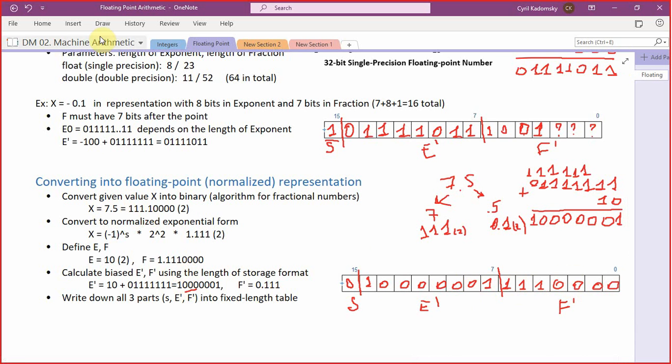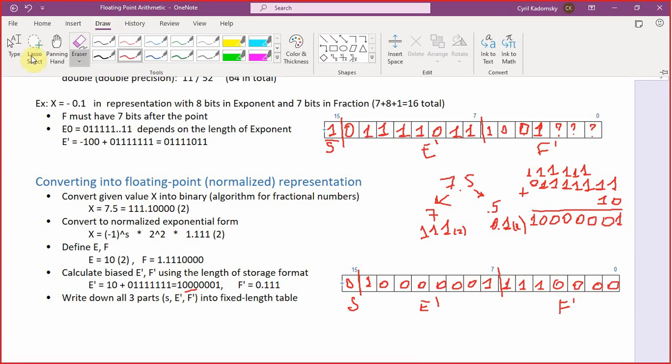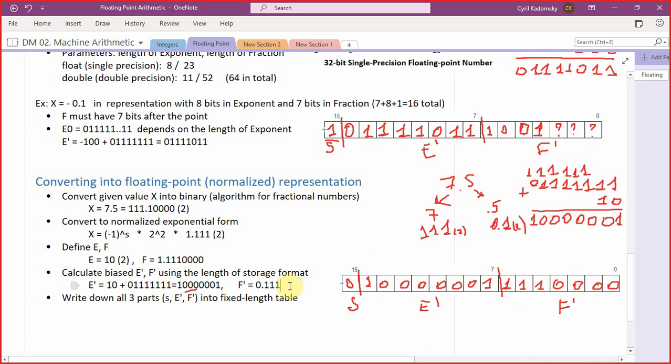I just skipped them. I shouldn't have done that. These bits are important. Well, it is same number as fraction here, but only without whole part. Okay, and that is the result.